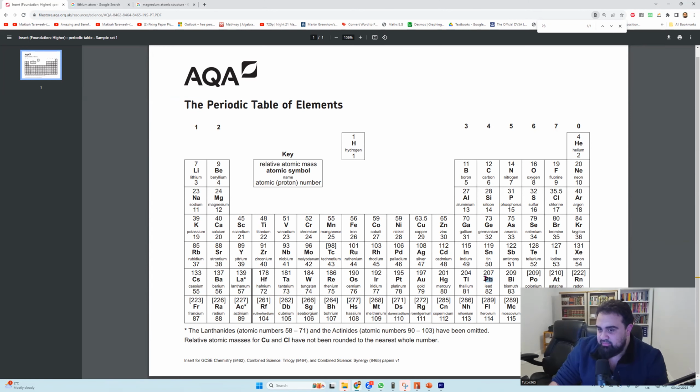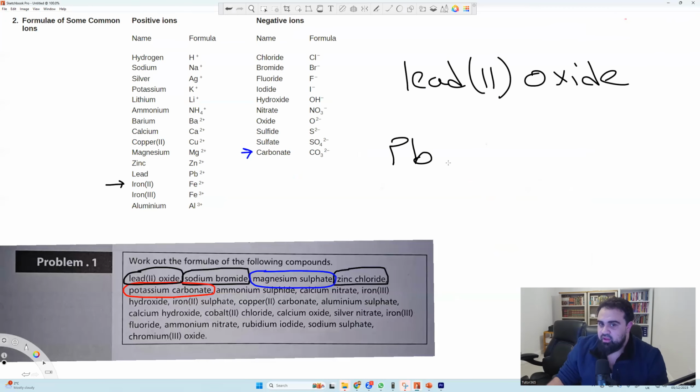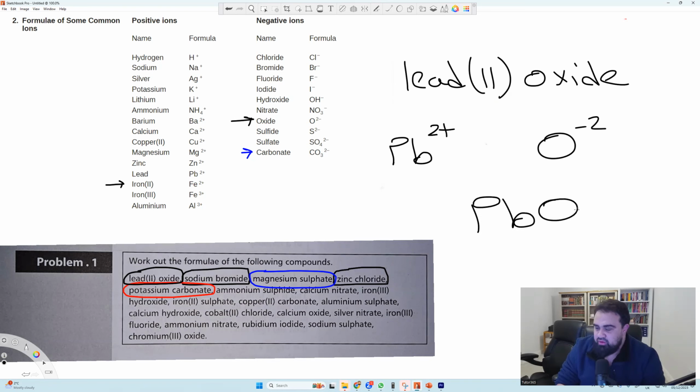Now, it's lead(II), so you know it's going to make a 2+ charge. Oxide is right here, it's 2-. So the chemical formula for lead oxide will just be PbO. Yeah, exactly.